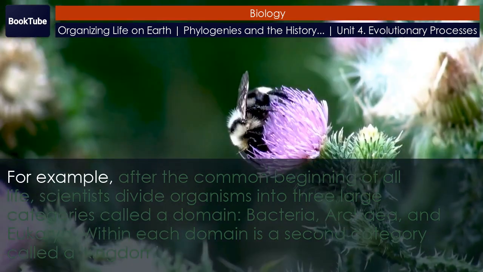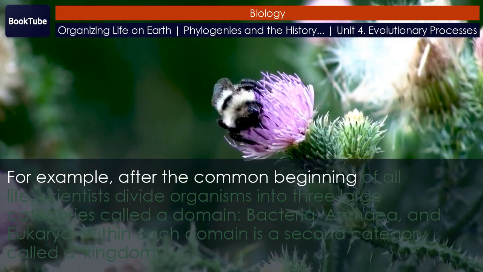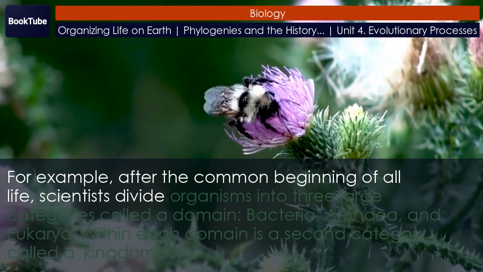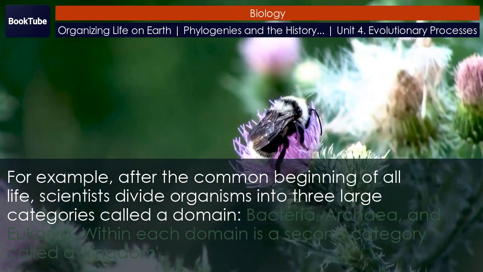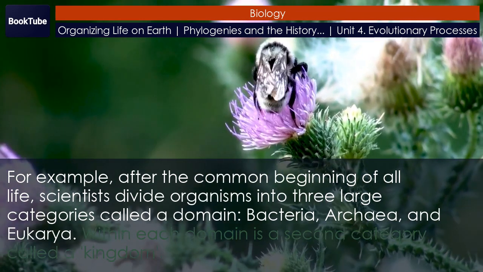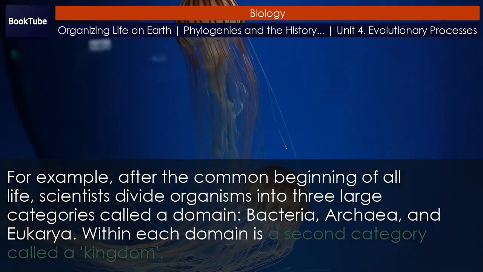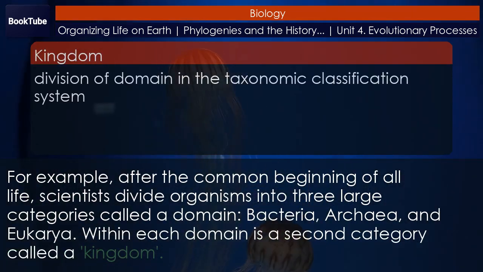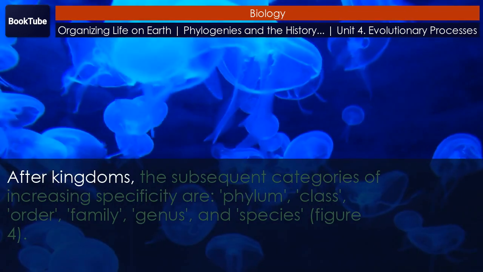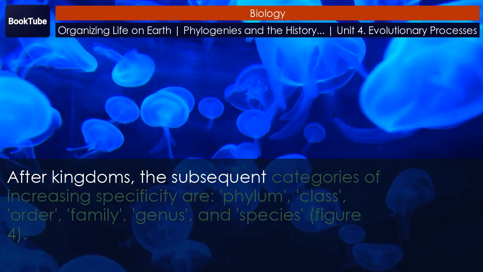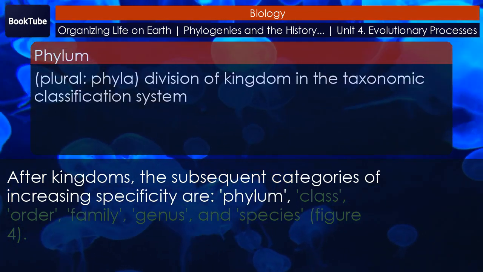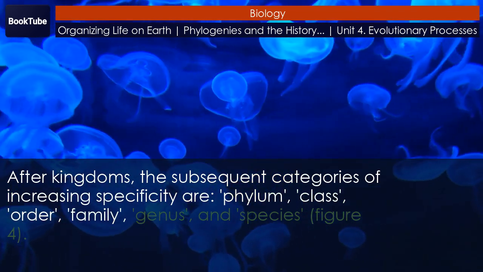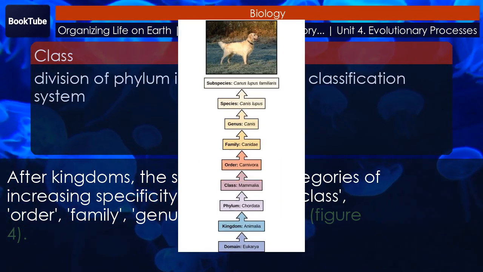For example, after the common beginning of all life, scientists divide organisms into three large categories called a domain: bacteria, archaea, and eukarya. Within each domain is a second category called a kingdom. After kingdoms, the subsequent categories of increasing specificity are phylum, class, order, family, genus, and species.